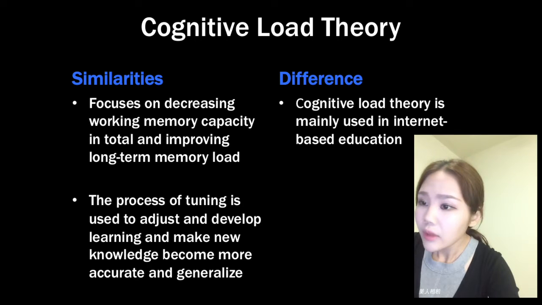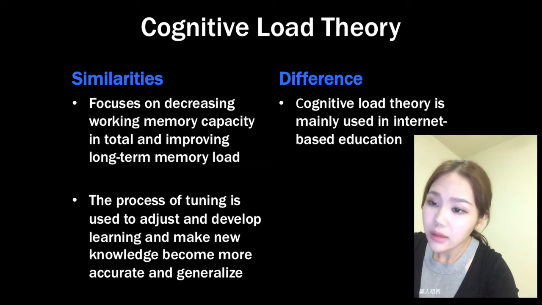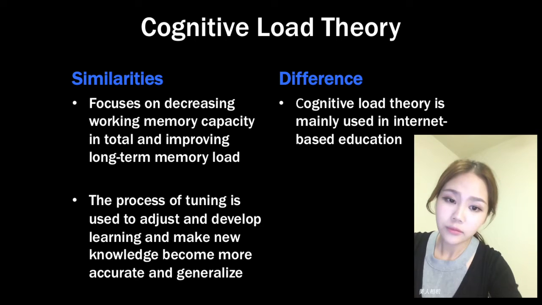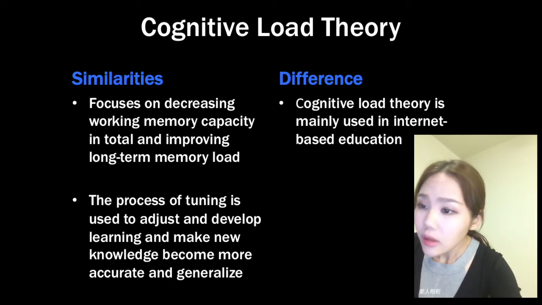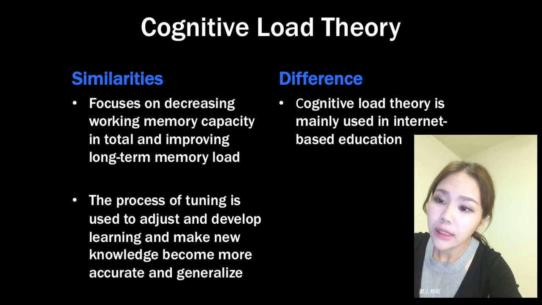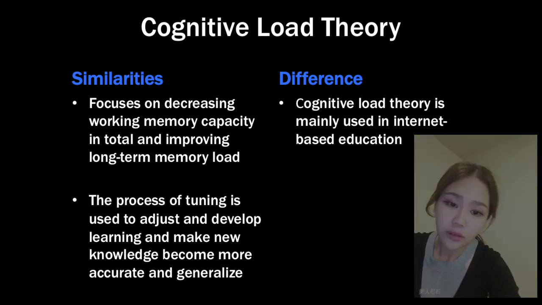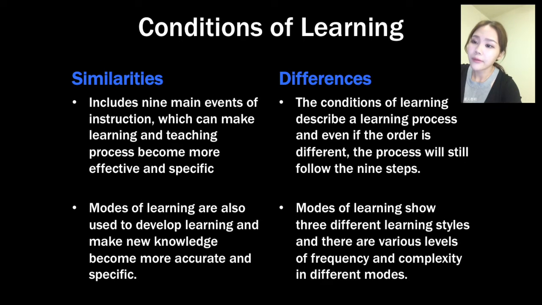Therefore, it can be used to decrease memory load. However, cognitive load theory is mainly used in internet-based education, including 9 main events of instruction, which can make learning and the teaching process more effective and specific.